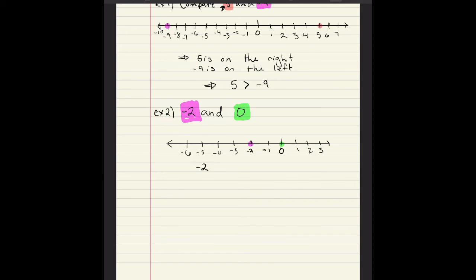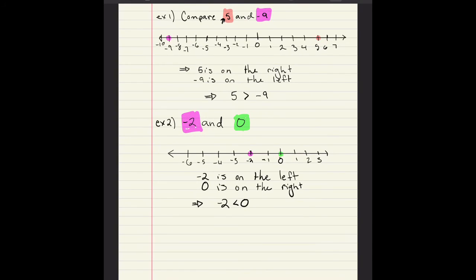So -2 is on the left, whereas 0 is on the right. So therefore, -2 is less than 0.